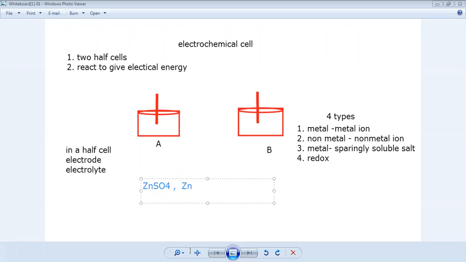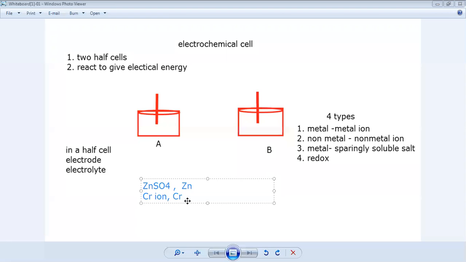Another one, chromium. Somebody told, yes or no? So chromium ion, and the rod will be made up of chromium. There are various such metals: manganese, iron, lead, copper, zinc, cobalt, which we can use as metal ion solution.